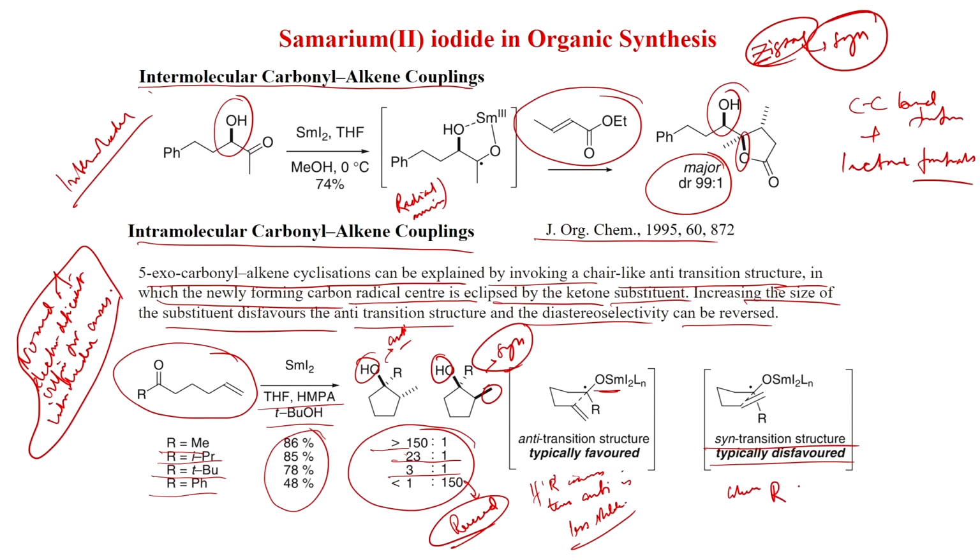So, when R is big, then this syn transition state is major, because in that case this double bond wants to stay anti to the R group. And in this case, when R is small, then the double bond wants to stay anti with the O samarium. And this work was published in Angewandte Chemie International Edition 1995, page number 2383.